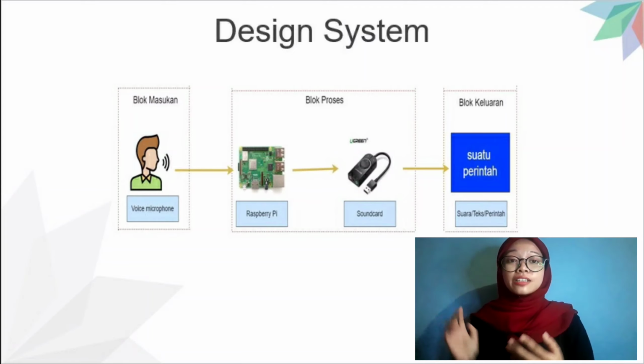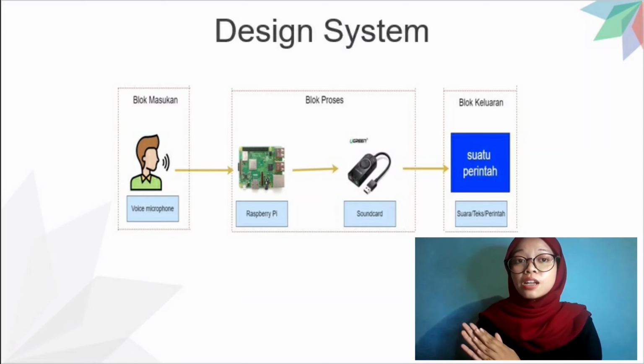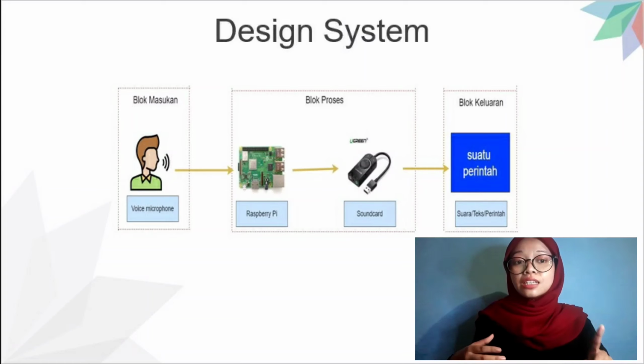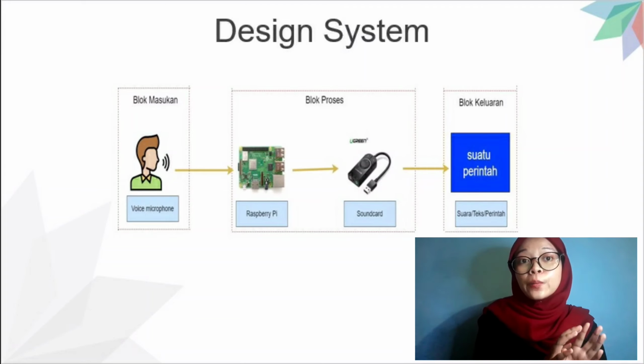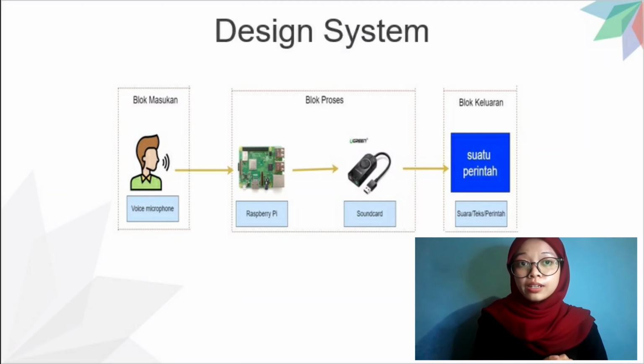Number 2. Data received by the Raspberry Pi as an analog signal will be sent to the USB audio sound card via Raspberry for modulation. Number 3. The analog signal from the USB audio sound card is processed into a digital signal and then produces output in the form of a text or sound command.